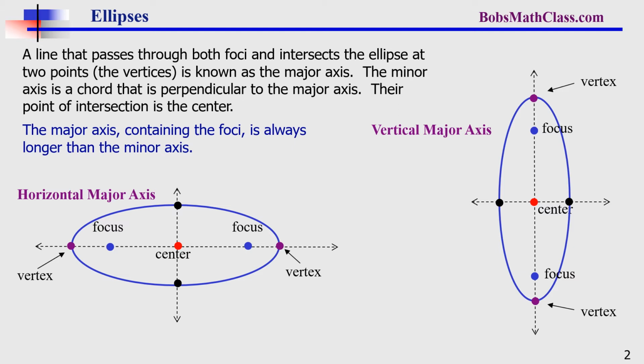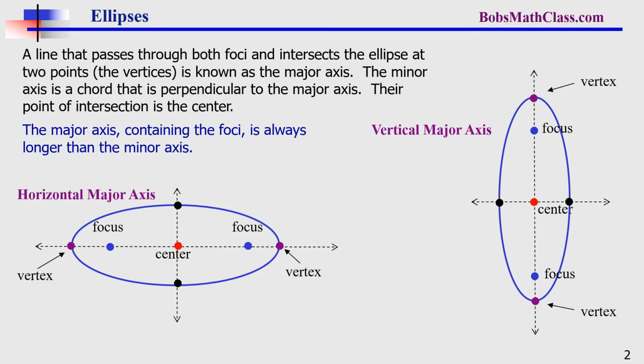The minor axis is a chord that is perpendicular to the major axis, and their point of intersection is called the center. So again, the major axis containing the foci is always longer than the minor axis. Those are called vertices on the major axis.